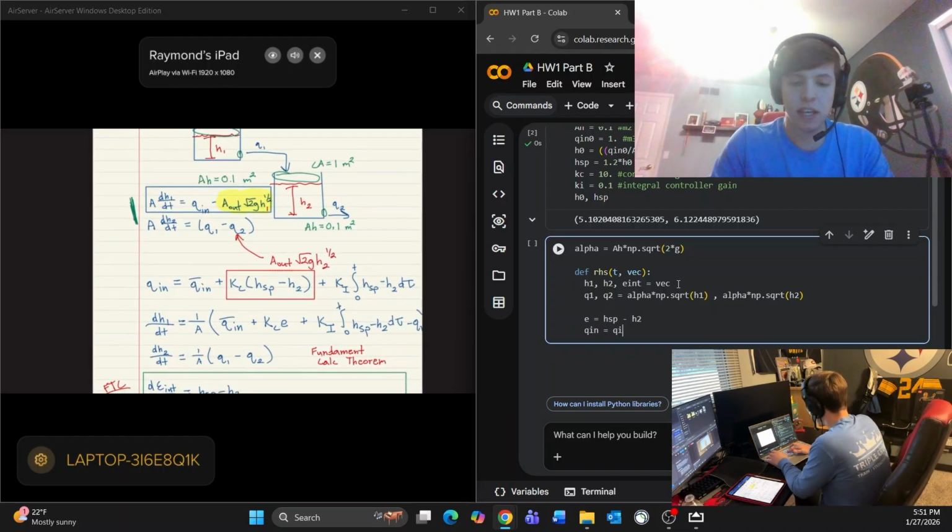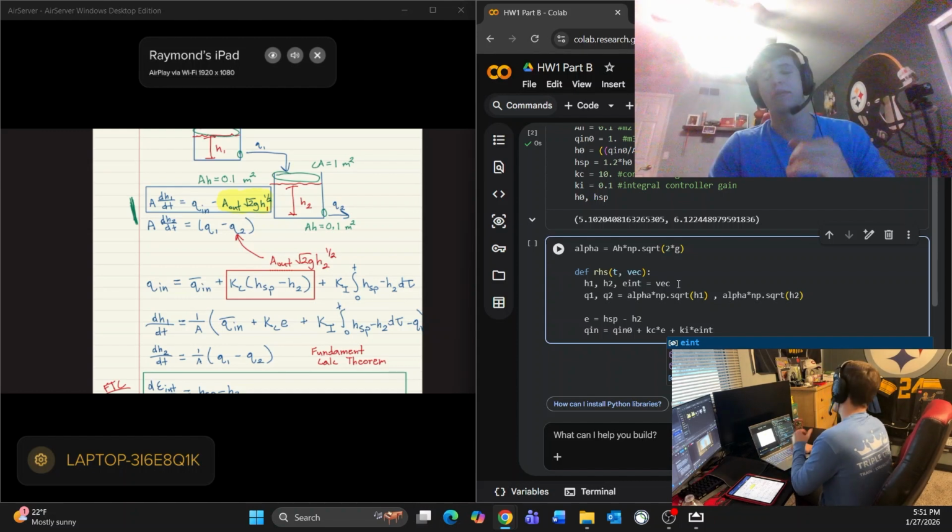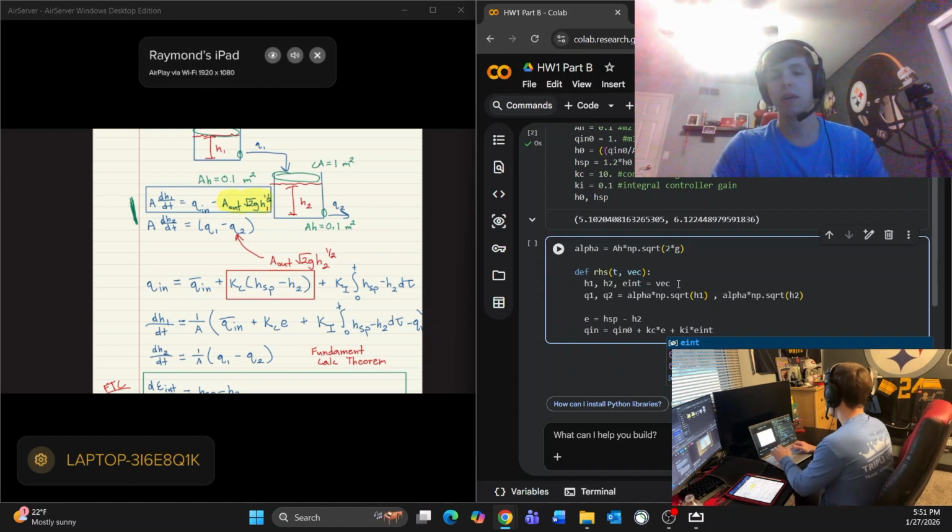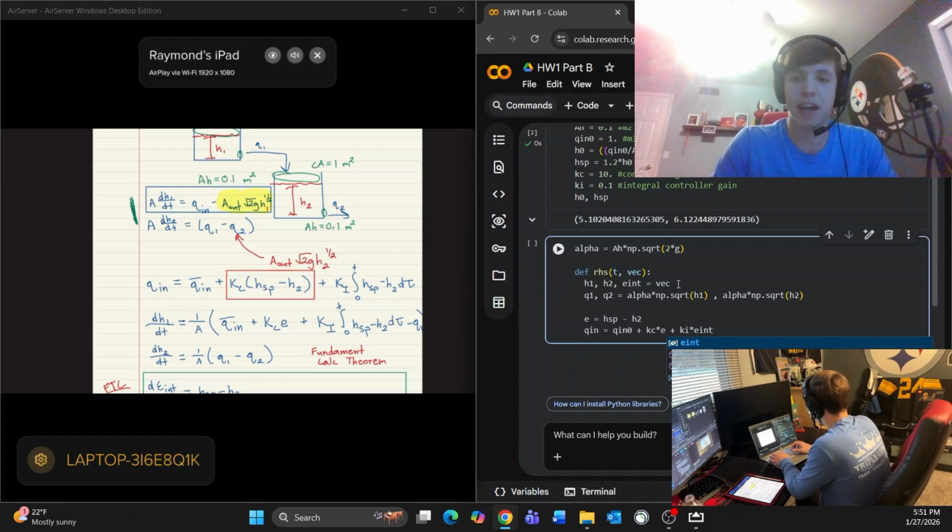It's going to be Qin naught plus Kc times our E value plus Ki times our E integral value, because we use our fundamental theorem of calculus, which allows us to really simplify our integral for this problem, and we don't have to deal with it through Colab.